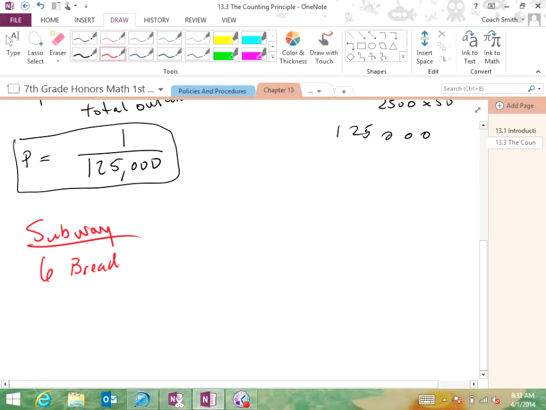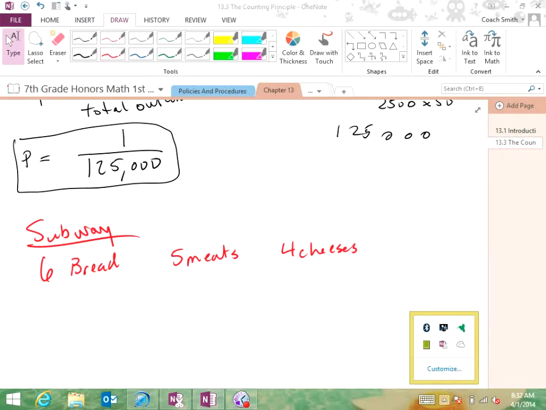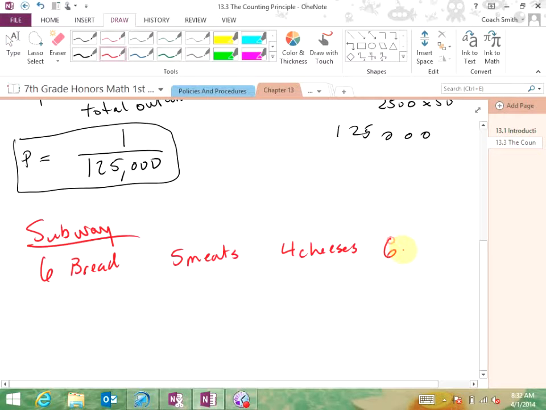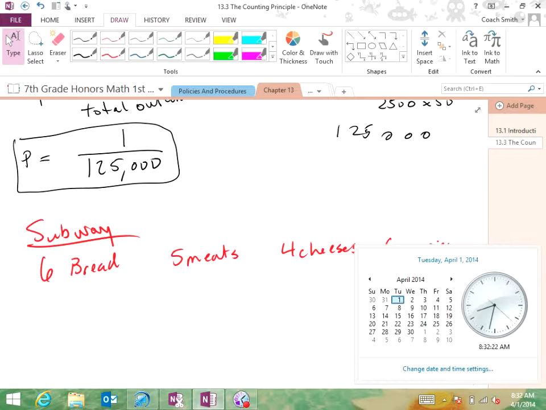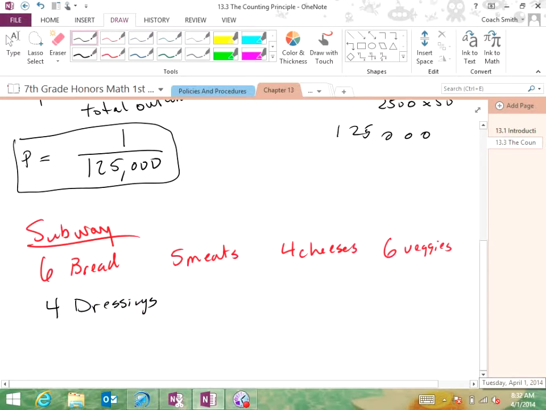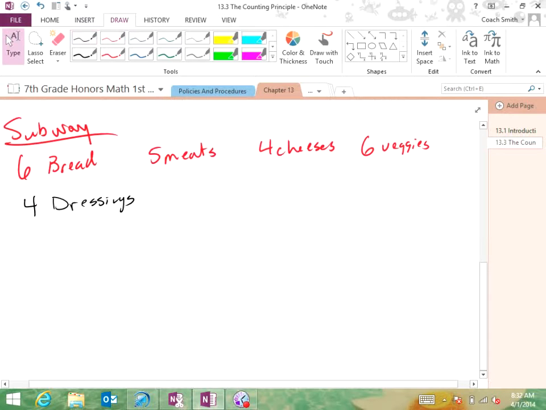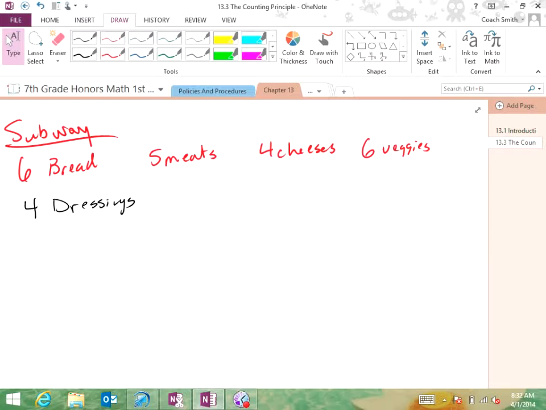We'll say there are 5 meats, 4 cheeses, probably 6 veggies, and, let's say, 4 dressings. We want to know how many possible combinations there are.